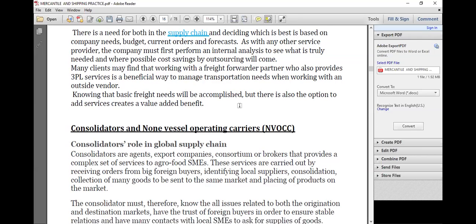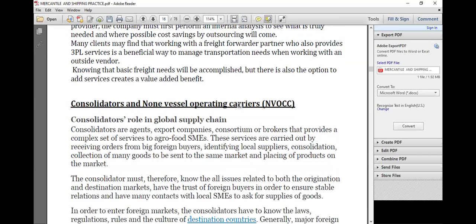Now we have consolidators and the NVOCC, that is the non-vessel operating common carriers. A consolidator, to consolidate, simply means to bring different parts together. Consolidation in shipping mostly happens whereby we have shippers with consignments that do not make a full container load, so we do what is called consolidation.